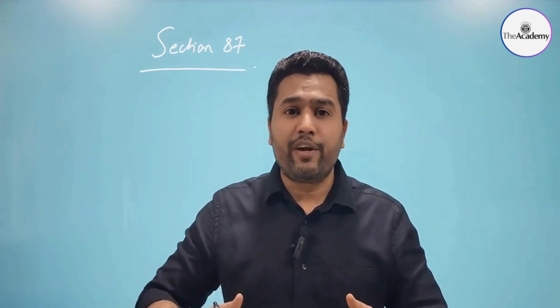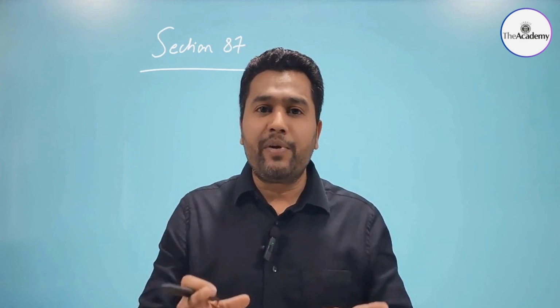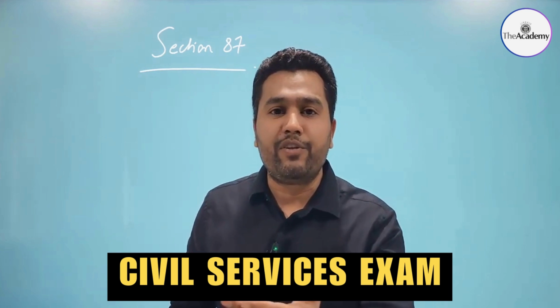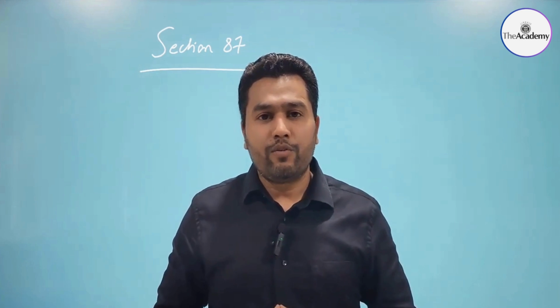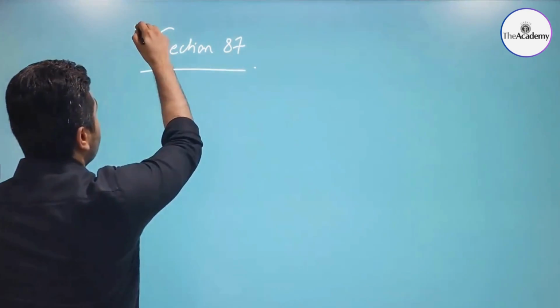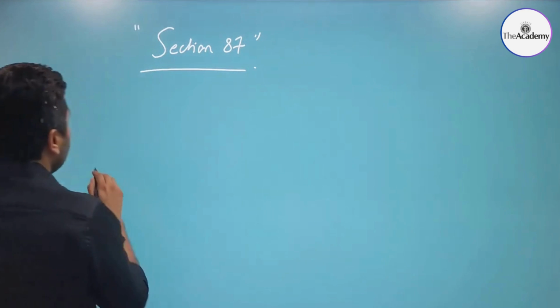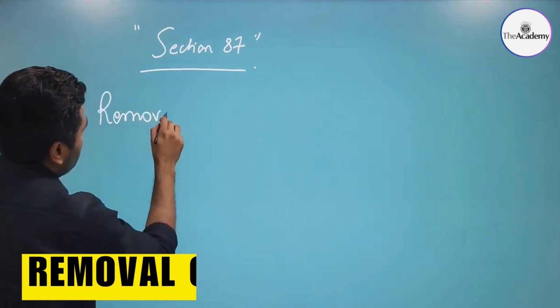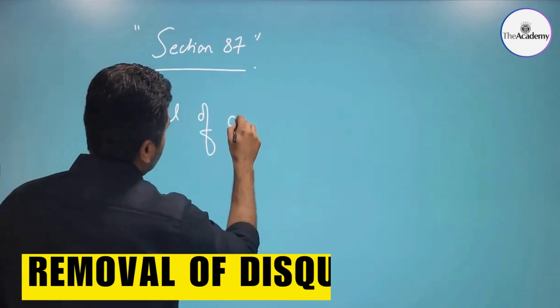So the Indians would have to wait for another 20 years when competitive civil services examinations would be introduced via the Charter Act of 1853. So Section 87 is characterized by removal of disqualification.